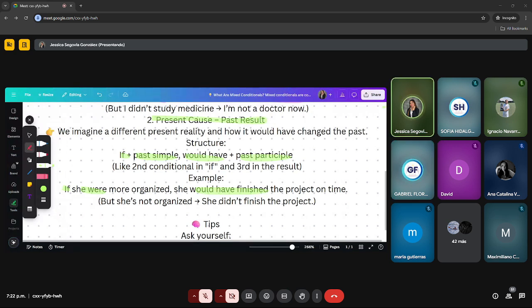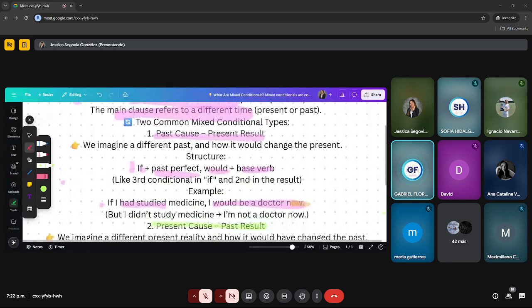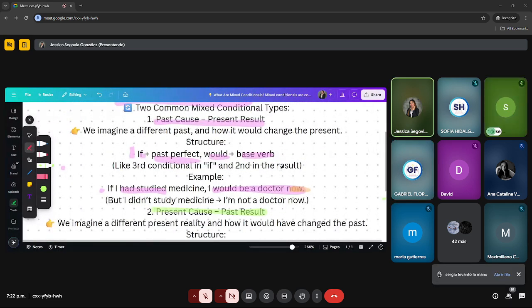Y en el otro caso sería al inicio, tiene que estar el verbo al lado del had. Very good. Thank you, Flores. He is right. He is correct.